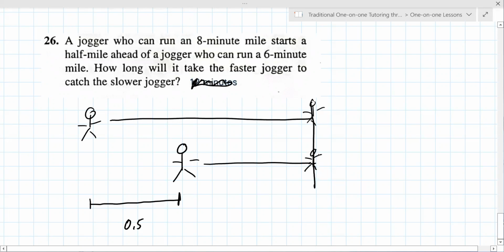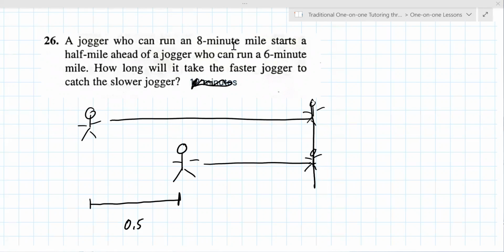So that's where you've got to draw the right picture, meaning things match up together. Now, in terms of time, we don't know time, but what do we know? What is the 8-minute mile? Half a mile ahead. What does this 8-minute mean? Is that the time or is that a rate?